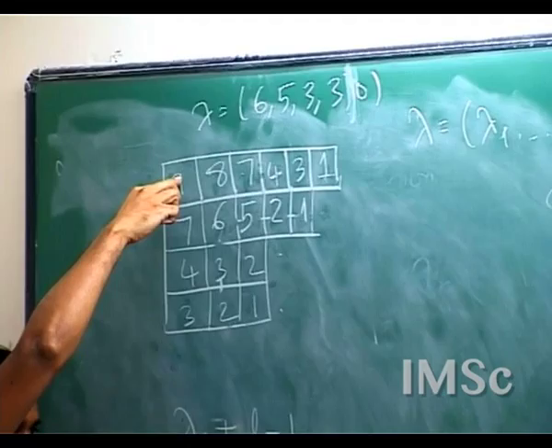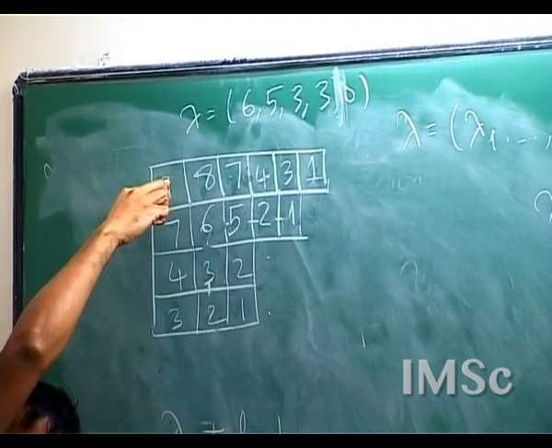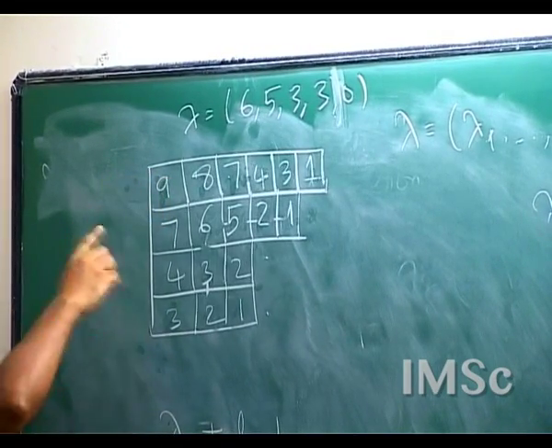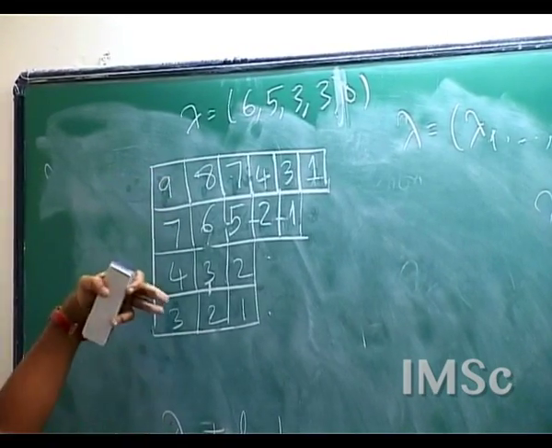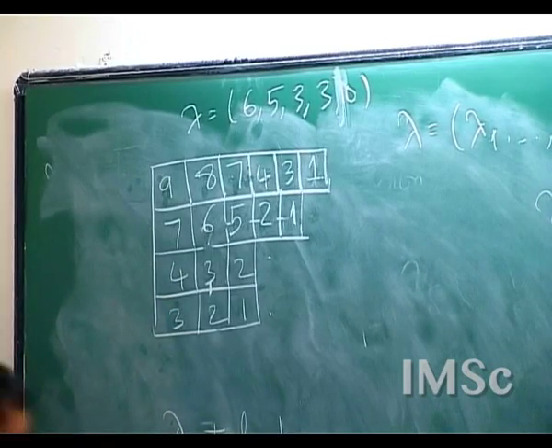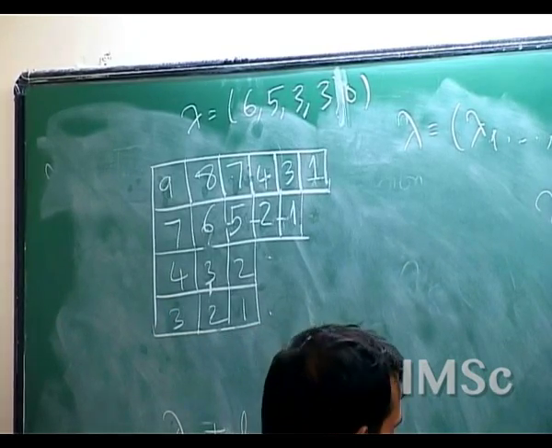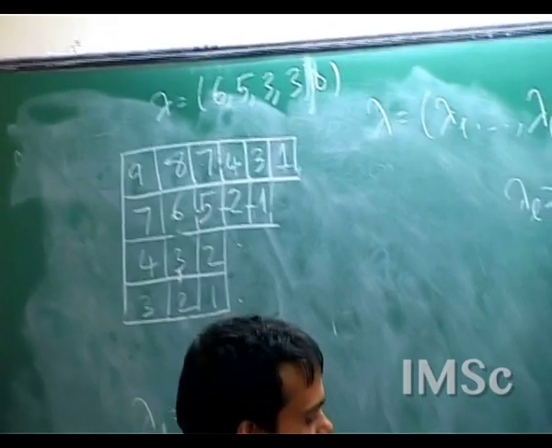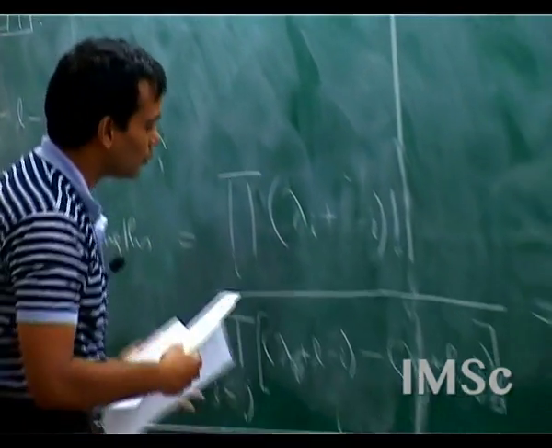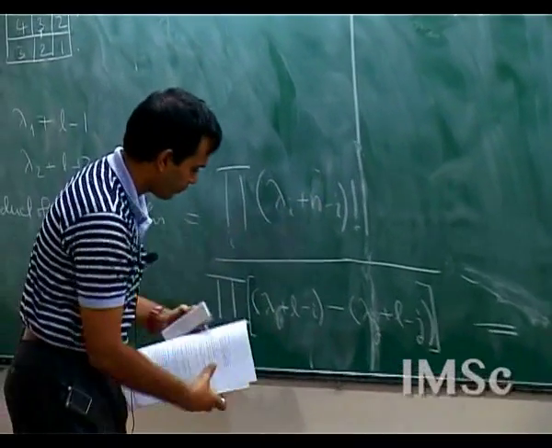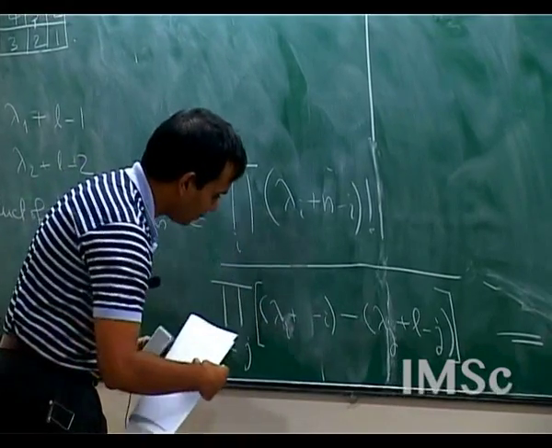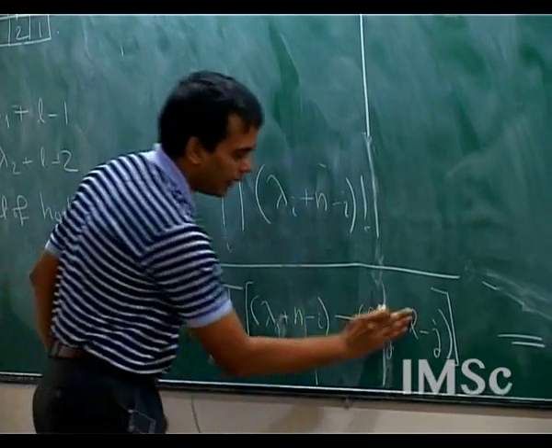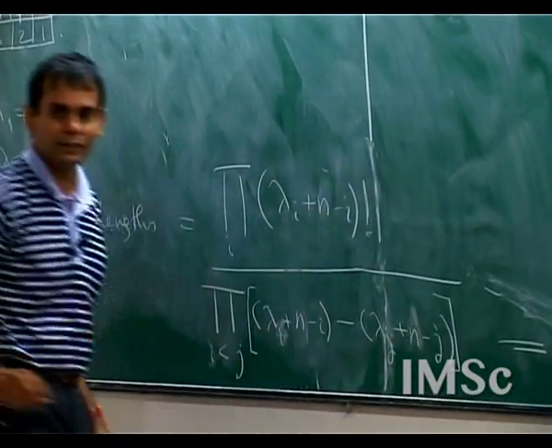So you start off with lambda_1 plus n minus 1, but then you skip the first few numbers till you come to the first non-zero row. So it doesn't really matter. I can introduce more zeros at the end of my Young tableau and change these L's to N's, in fact. You can change this to an N, you can change this also to an N.